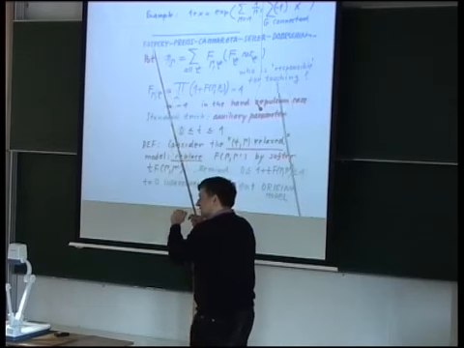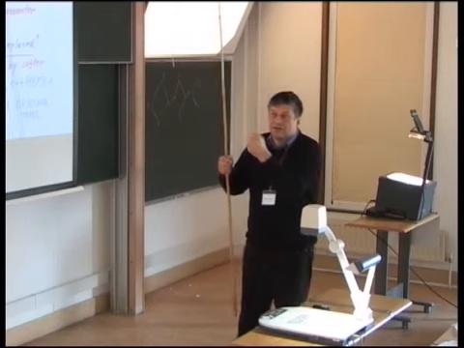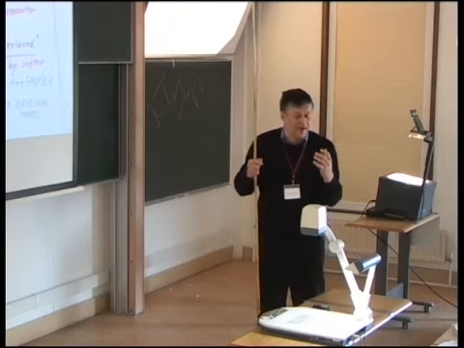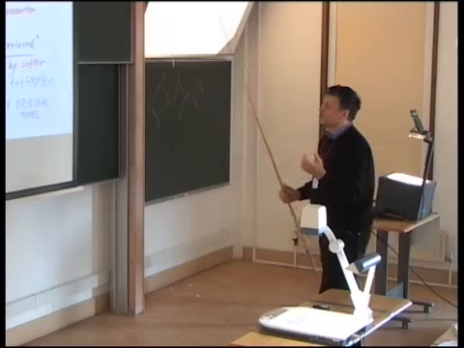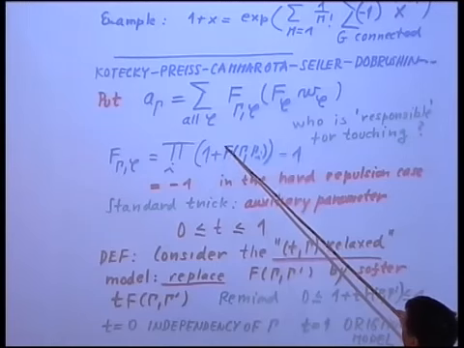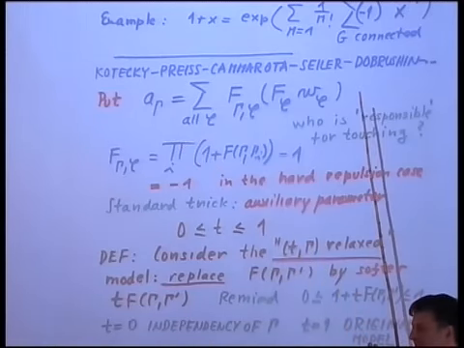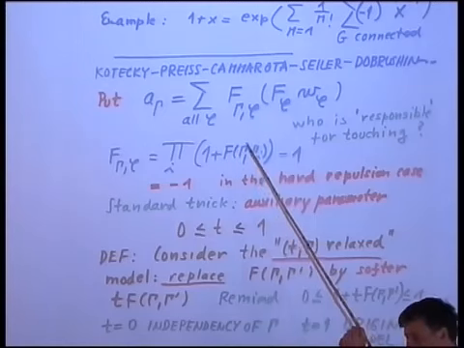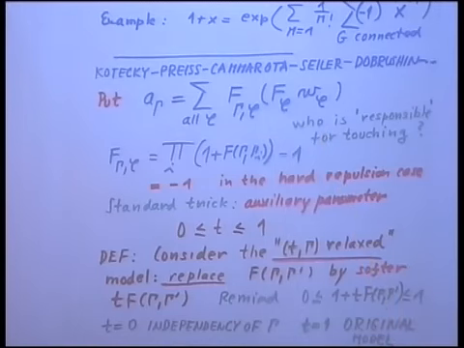But the problem is that there could be several polymers touching a given polymer, and this makes a problem in obtaining the equation. It's not a problem for an inequality, but it's a problem for an equation. If you want an equation, then a very simple way is to introduce a parameter t here, and take a derivative of the product. The derivative of the product contains terms. At each parenthesis t disappears, and this gives you the proper term on the right hand side.